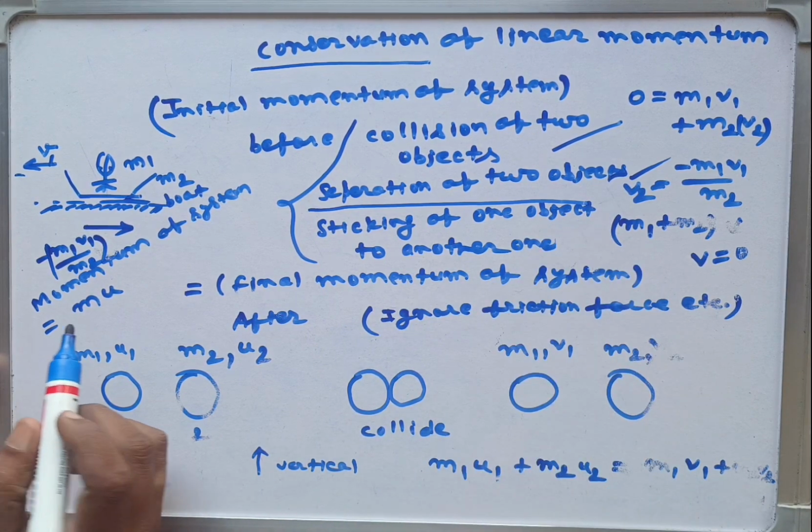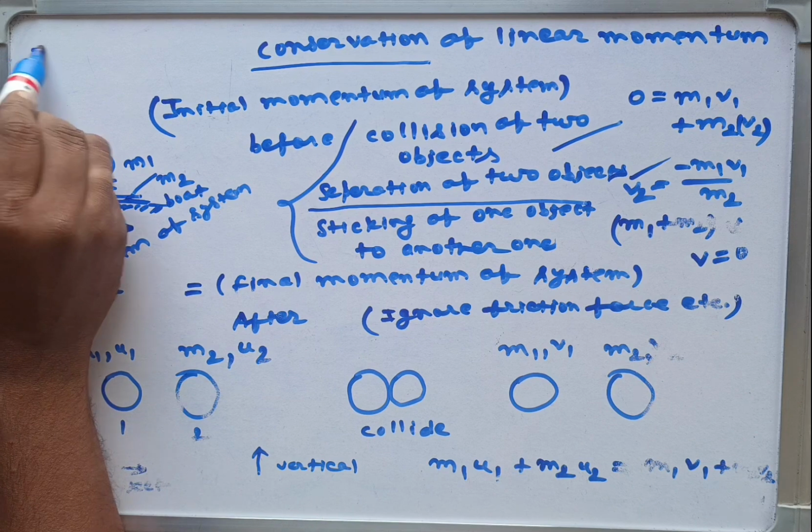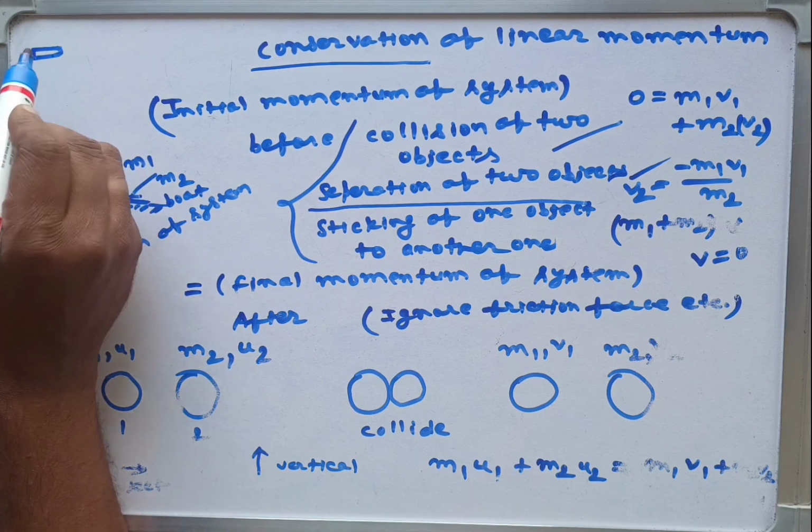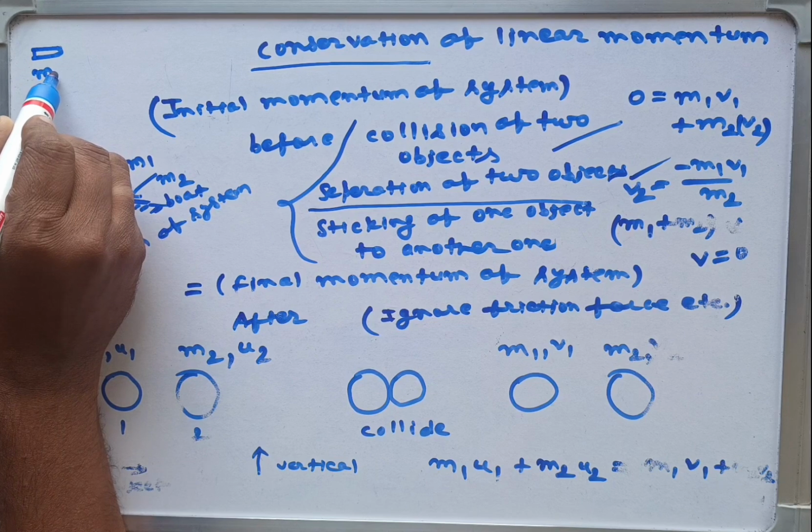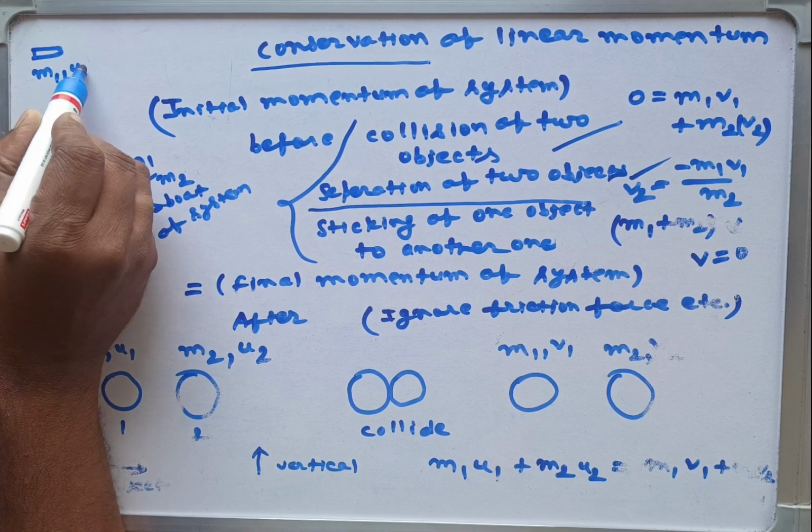So in this case, suppose a bullet here. Say its mass is m1 and its velocity is u1.